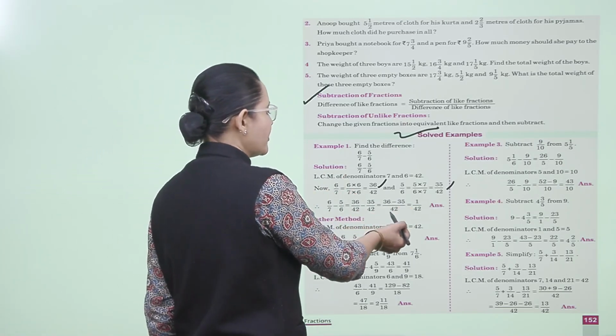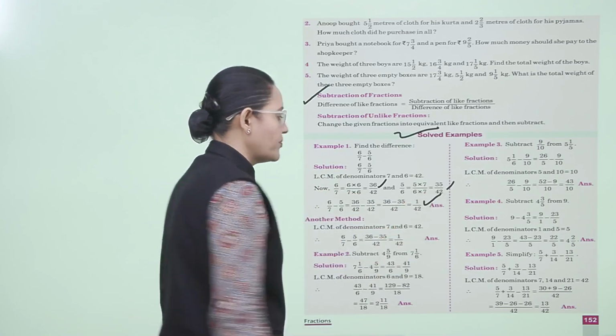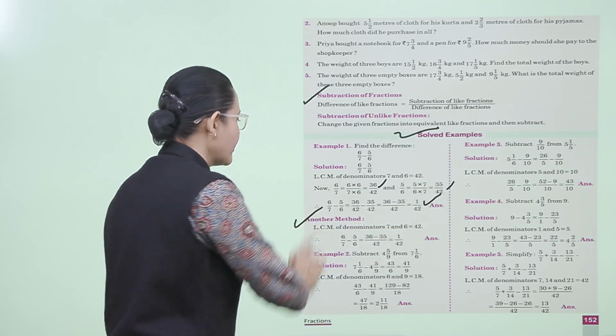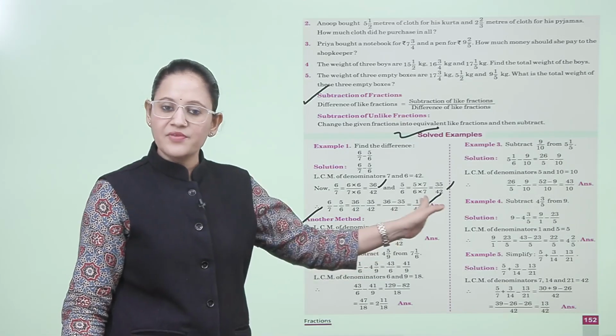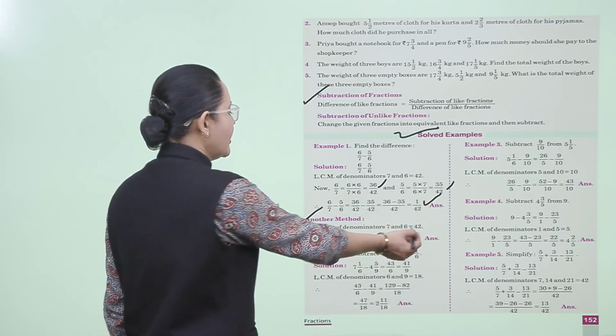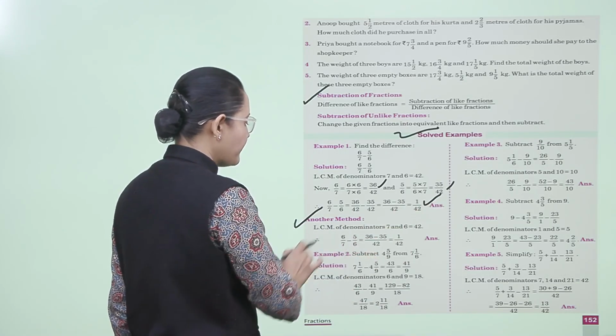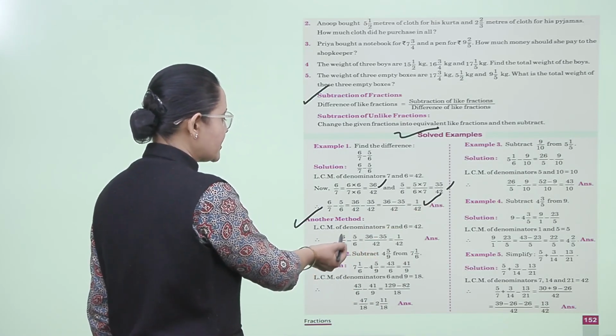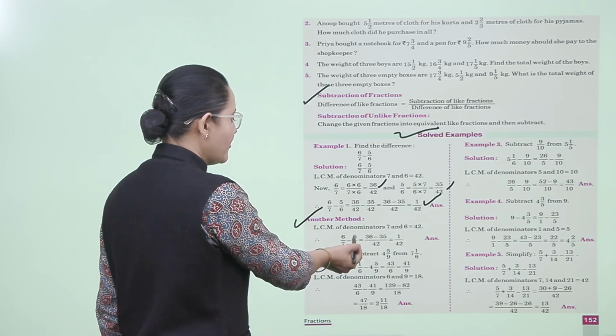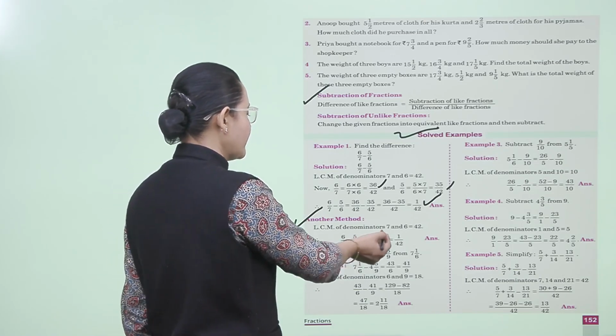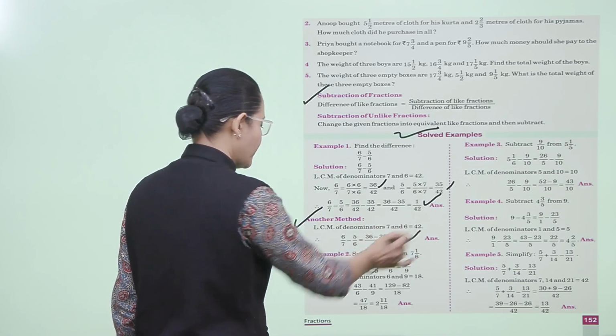So 36 minus 35 upon 42 is 1 by 42. Another method, same, first we convert to like fractions by taking the LCM. Now we write the LCM below, so that is 6 into 6, 36, and 5 into 7, 35. So that is equal to 1 upon 42.